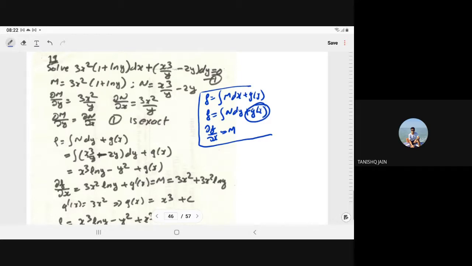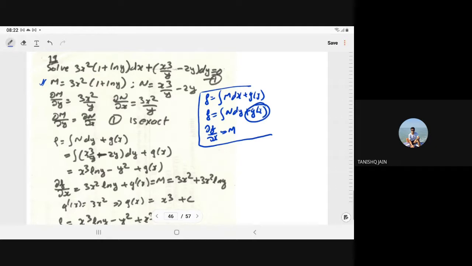When we write in the standard form M dx plus N dy, M will come 3x square into (1 plus ln y), and N will come x cube upon y minus 2y. So from here, first we check the exactness. So del M by del y is equal to 3x square upon y, and del N by del x is equal to 3x square upon y.